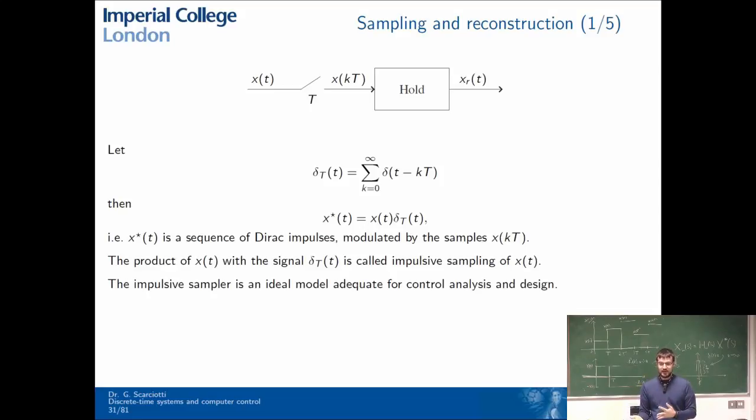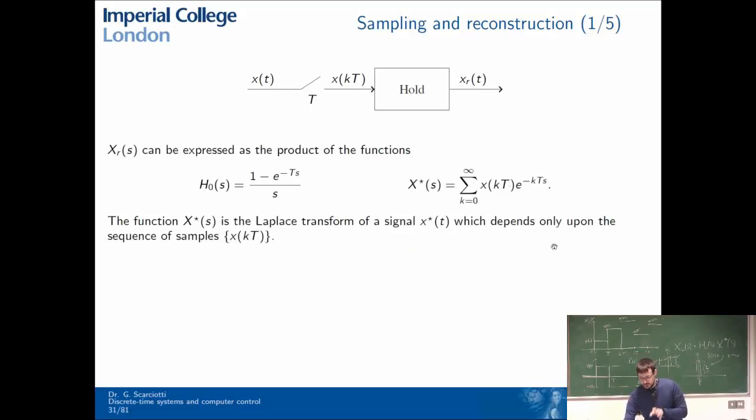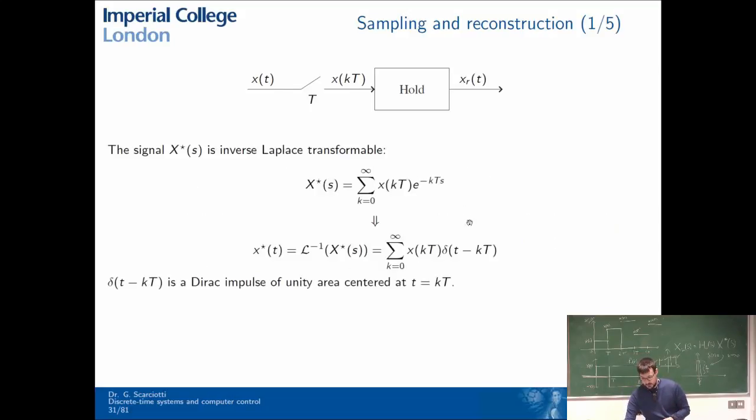That's what happens when we use an impulsive sampler: we get this x star of t. So this is just to give us a justification, an intuition of this x star of t that we have obtained in this slide.